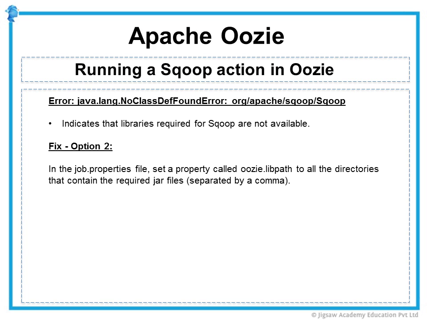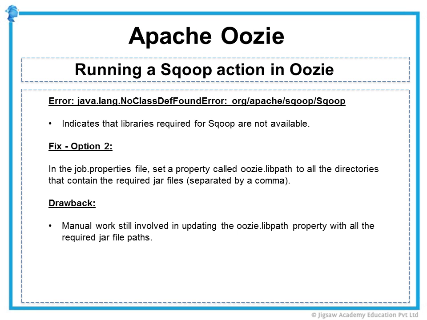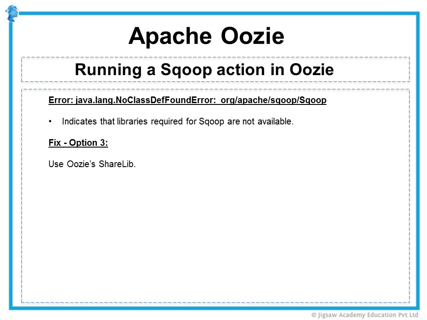But here, now the drawback is that you still have to manually update the job.properties file with the path of the required file, which sometimes can be tedious, right? So there is another alternative to this solution, right? And that alternative is to use Oozie's ShareLib feature for allowing jars to be shared by different workflows.